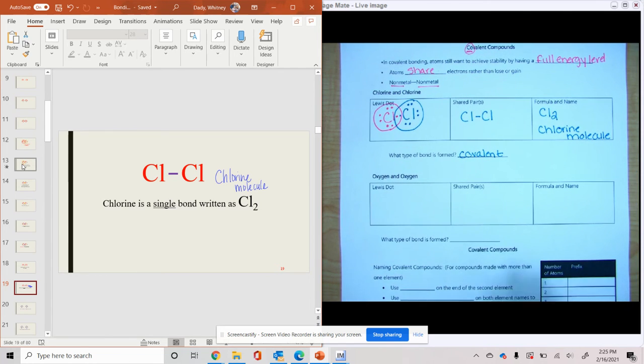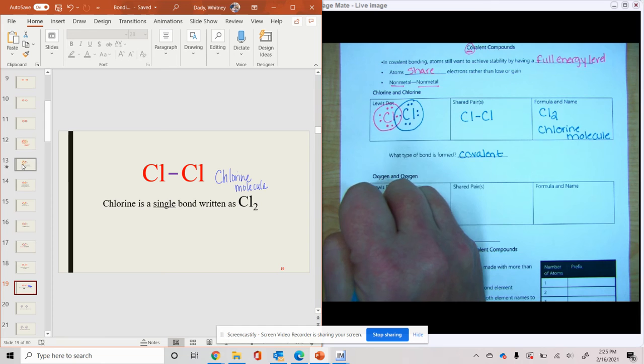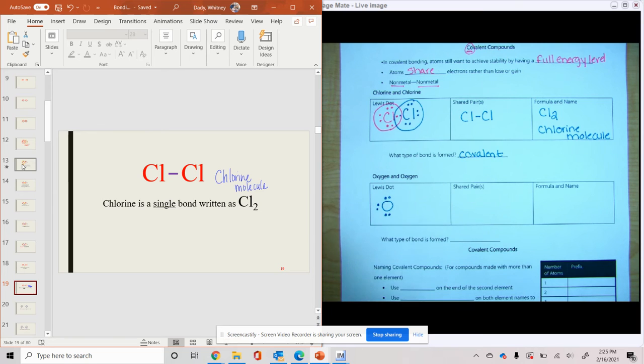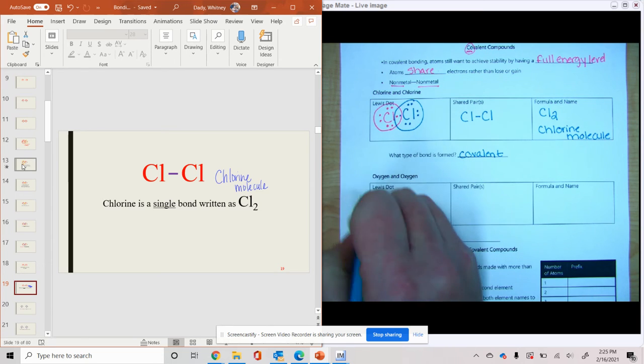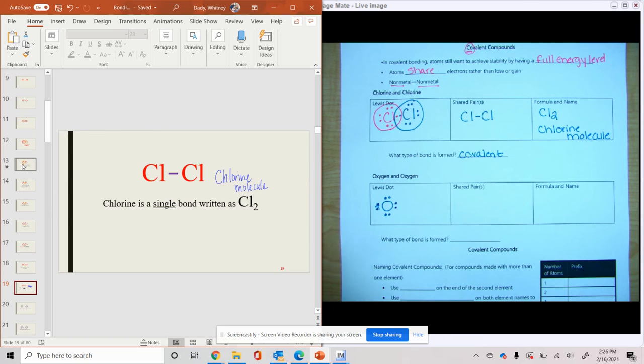And let's look at oxygen. Oxygen has 6 valence electrons. I draw another. Let me actually move these 2 over here. So these are non-existent.